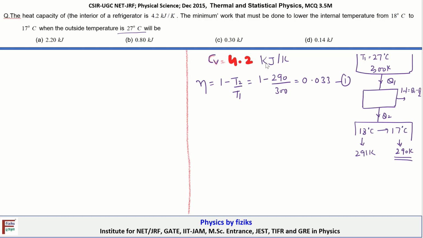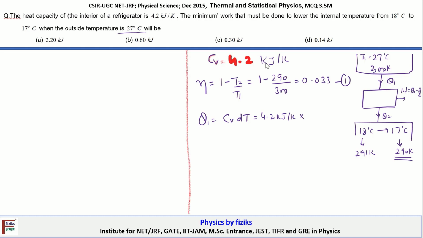Now we want to evaluate the amount Q1 taken by the working substance, and that is given by the heat capacity of the interior of the refrigerator, CV dT, and CV is given to us as 4.2 kilojoule per Kelvin multiplied by dT.